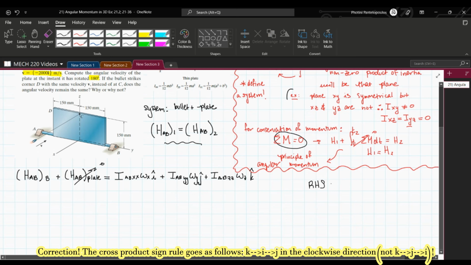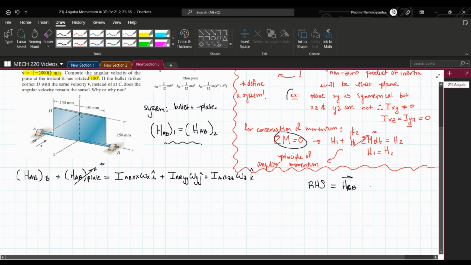The right-hand side of the angular momentum is the vector H_AB, which is essentially all the moments and products of inertia multiplied with all of the angular velocities, in the z-axis, x-axis, and y-axis.